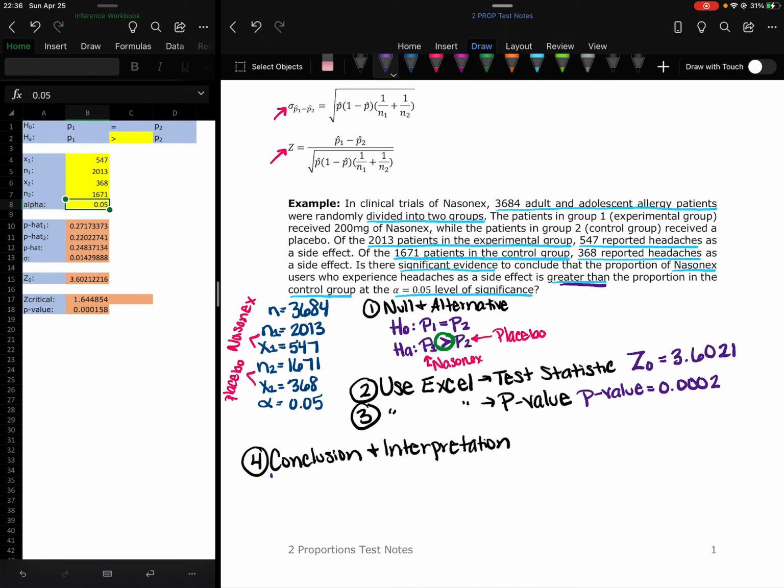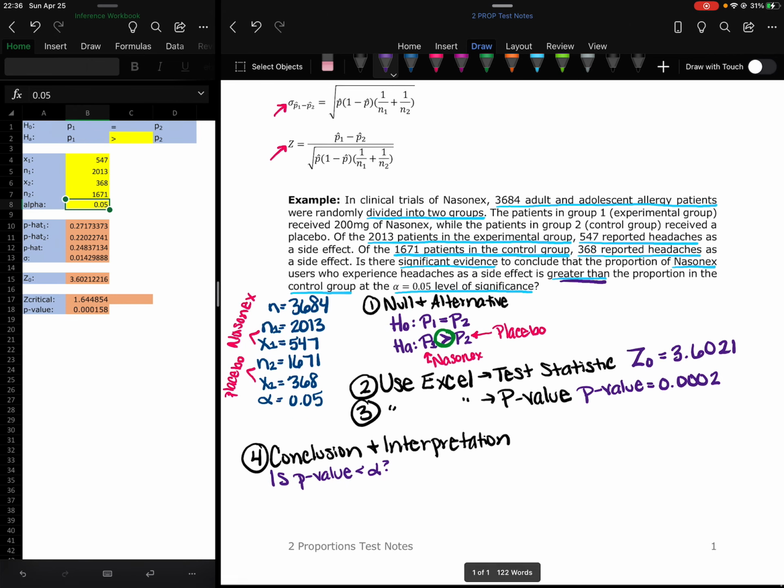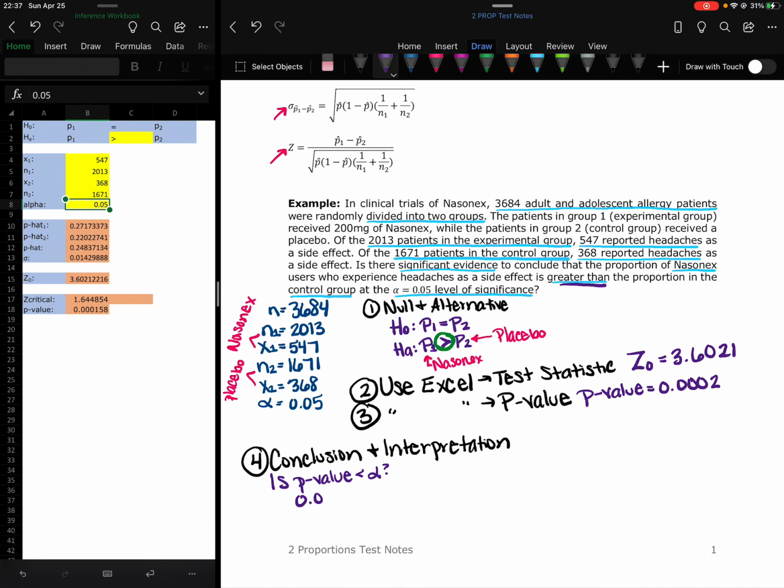So the conclusion for a hypothesis test, we want to ask ourselves, is the p-value less than alpha? So is the probability of the results from our samples too unlikely to be possible? So our p-value is 0.0002. Is that less than 0.05? Yes.